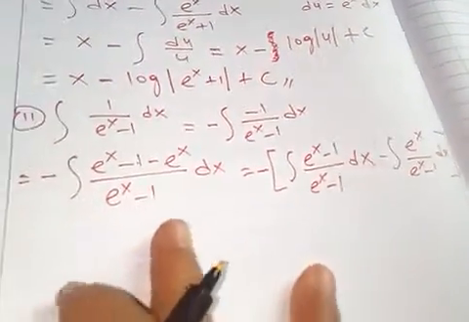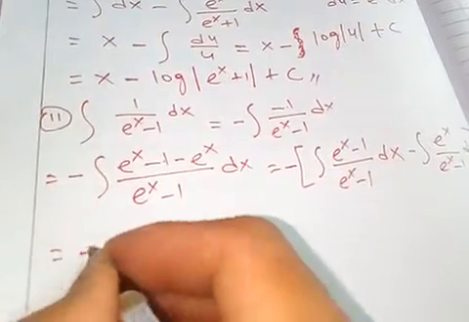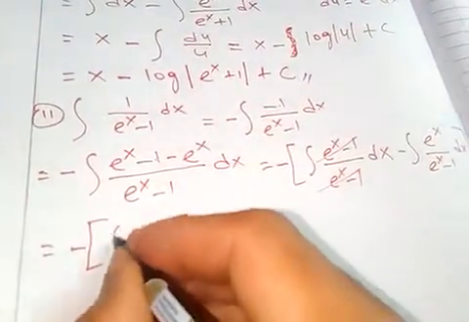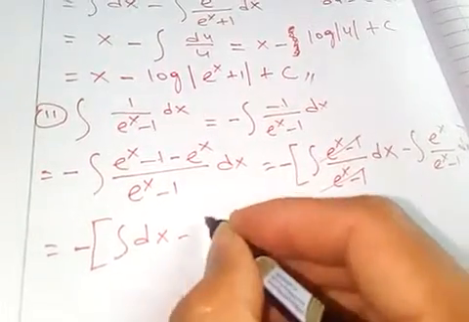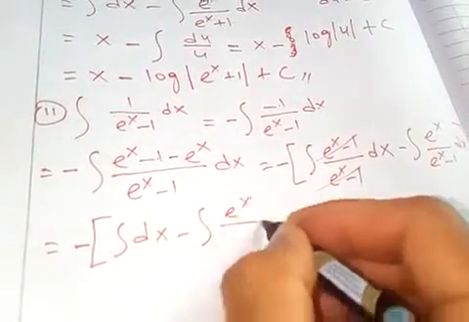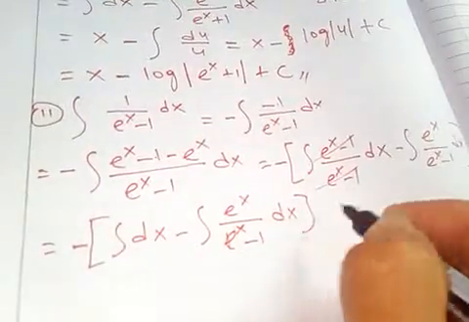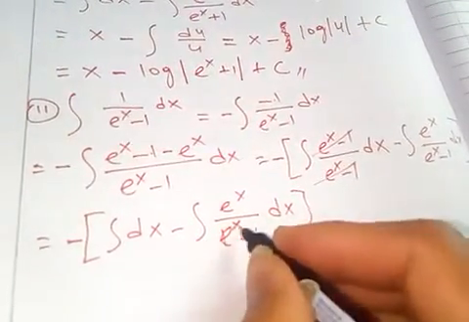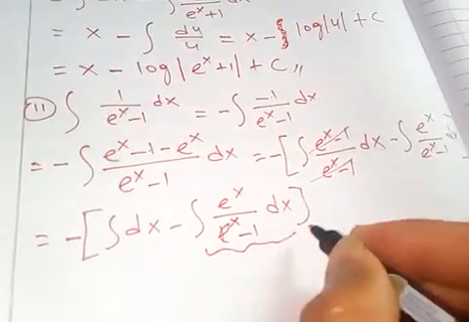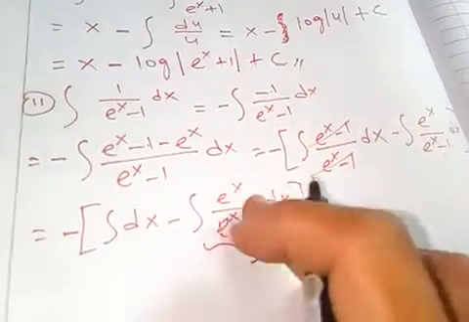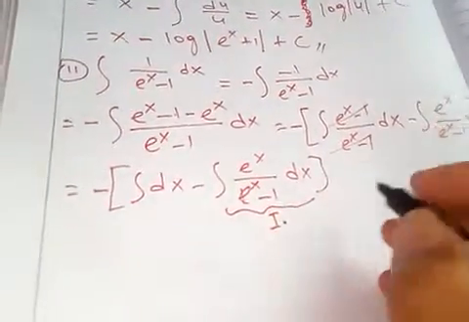These two cancel out, leaving the integral of dx only, minus the integral of e to the x over e to the x minus 1 dx. Let's consider only this part and call it I, and solve it.